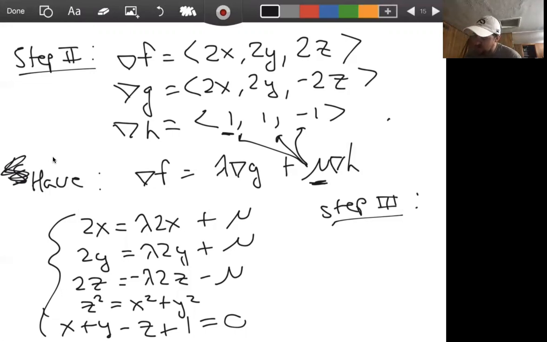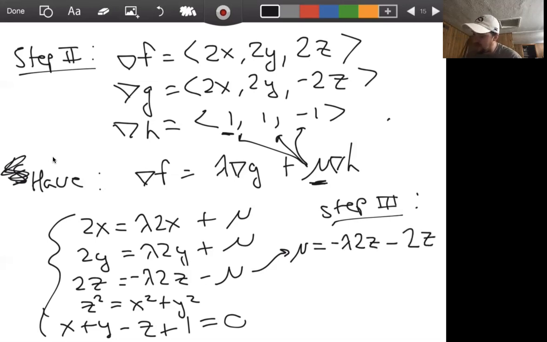So what I'm going to do is start by solving for mu from the z equation. From here, I know that mu should be equal to, well, if I add mu to the other side and then subtract 2z to the other side, I'm going to get negative lambda 2z minus 2z, right?